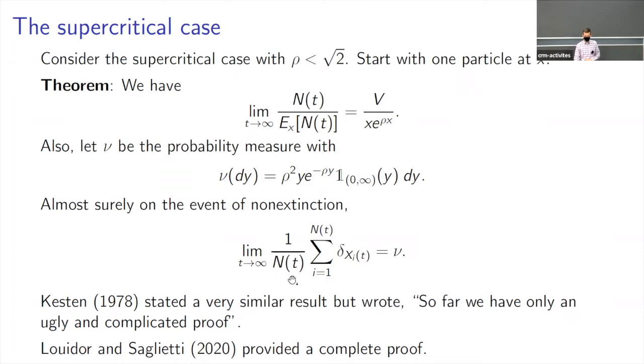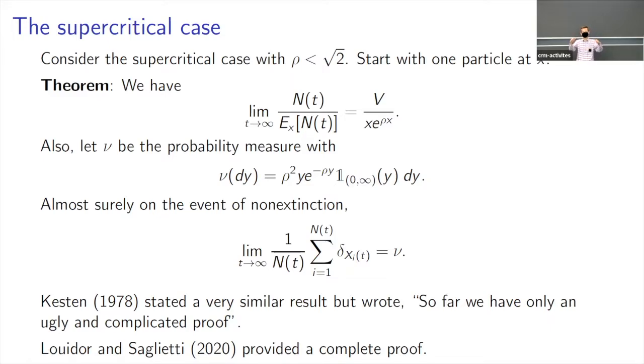On the left-hand side here, we have the empirical distribution of the locations of the particles at time t. We put a unit mass at the location of each particle, and we divide by n of t so that we get a probability measure. This result shows that almost surely on the event of non-extinction, these random probability measures converge weakly to the probability measure nu that was defined here.